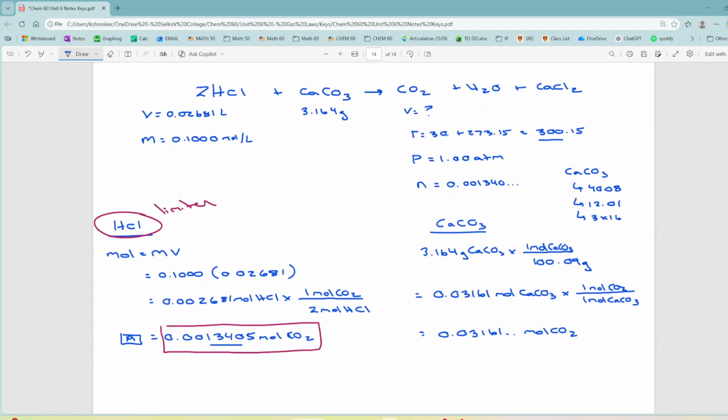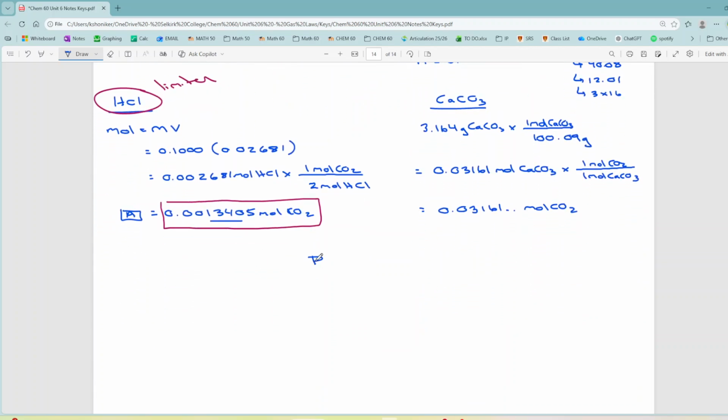So then my last thing is to use PV equals nRT to solve for V. So nRT divided by P. So my moles is that answer that I just got, 0.001340. My R value is 0.08206.